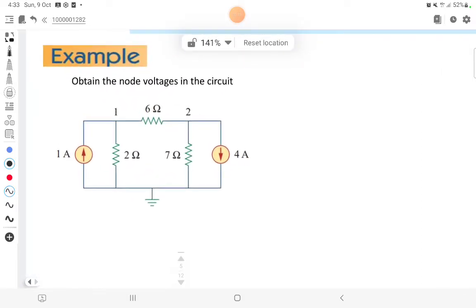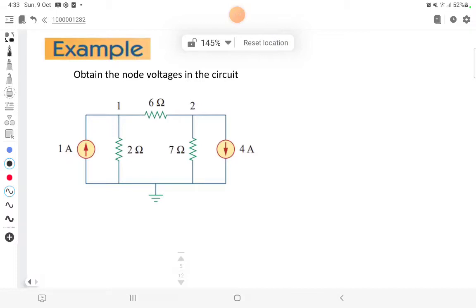Okay, so let's have our second example. We have this circuit. We have 1 ampere and 4 ampere independent current sources. The first step is to put our ground, which is already given.